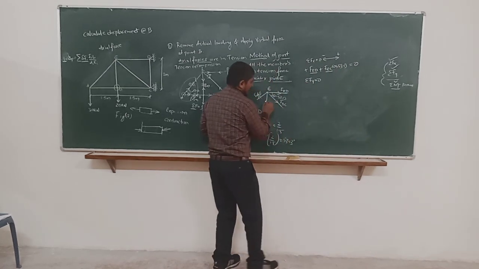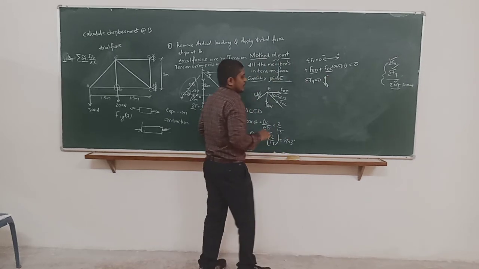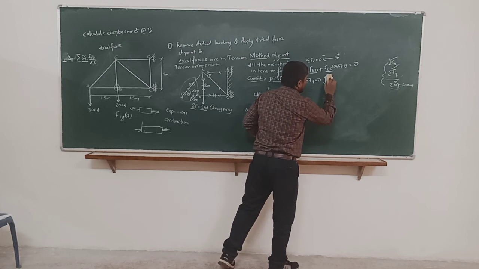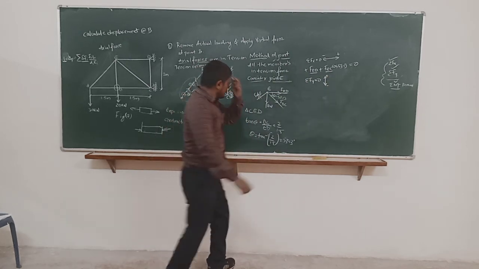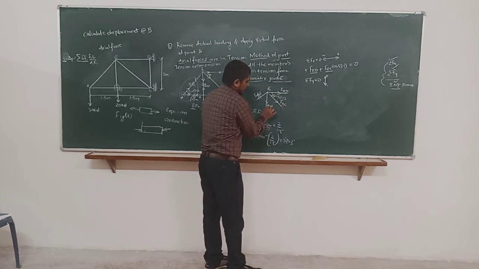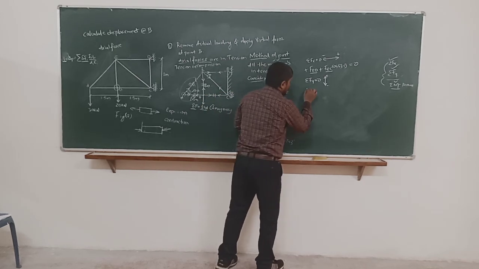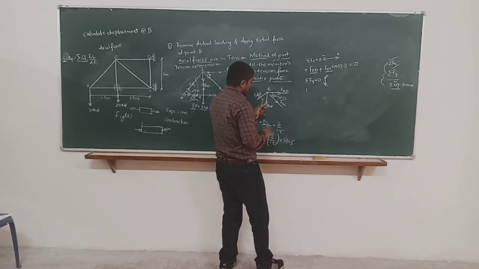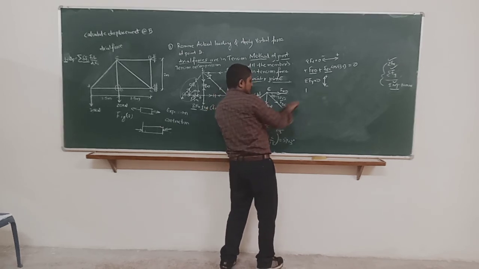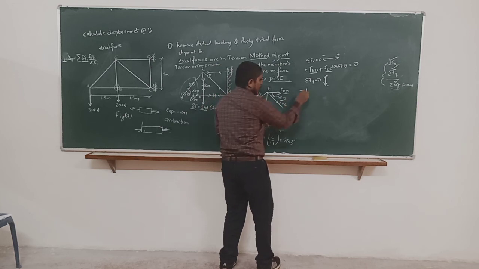Now see, we are considering upward as positive, downward as negative. Now you have to think only of vertical forces. Which all vertical forces are there? 1 kN, which is already calculated in the previous drawing. It is going downward here, and the downward force is minus.